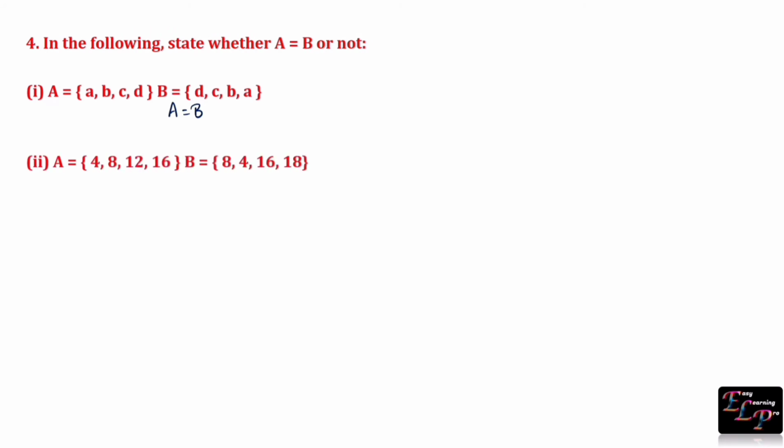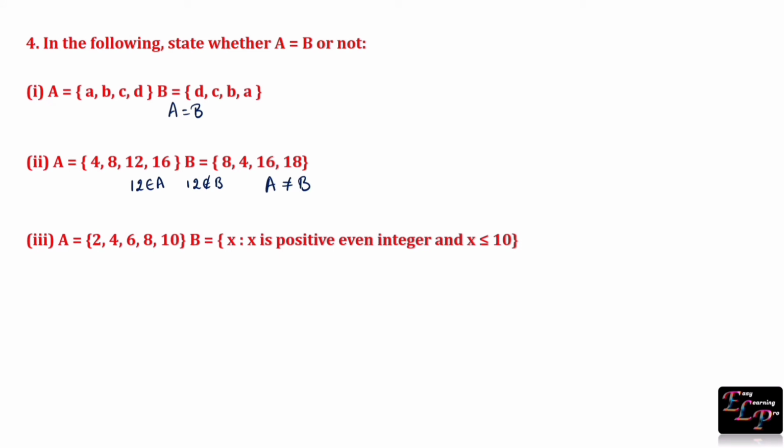If we compare these two sets, element 12 belongs to set A, which doesn't belong to set B. Hence, these two sets are not equal and we say A is not equal to B. First, let us write set B in roster form.